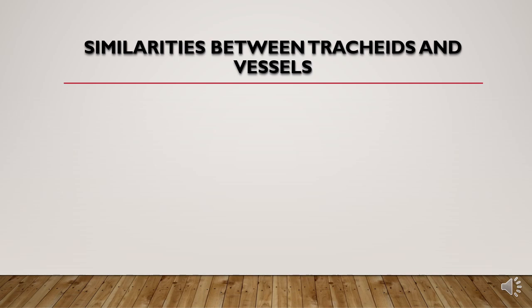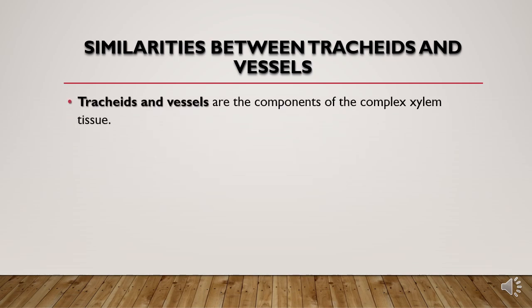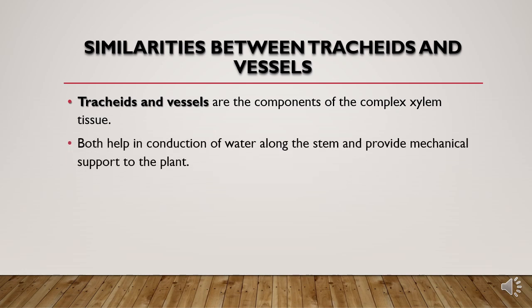But these two actually have some similarities. They are both components of the xylem tissue. As I earlier said, these two are found in the xylem tissue. The other similarity is that they both help in the conduction of water, and this happens along the stem, and they provide mechanical support to the plant.